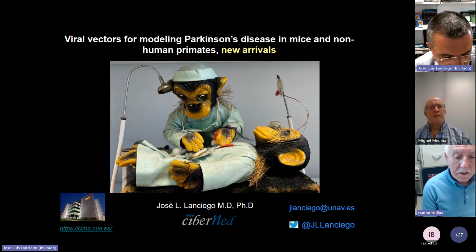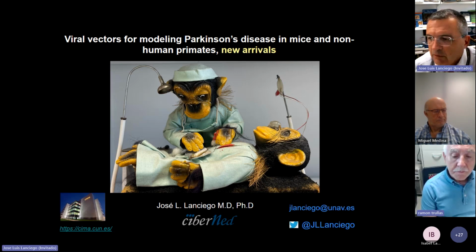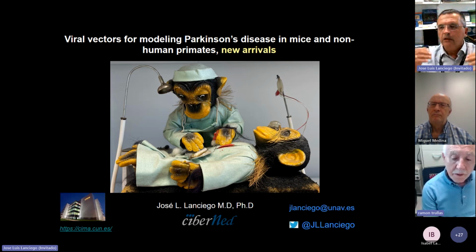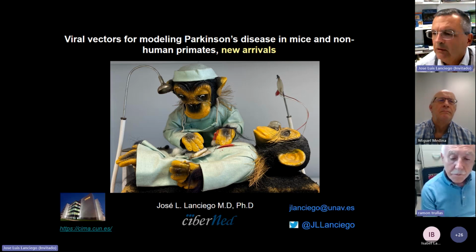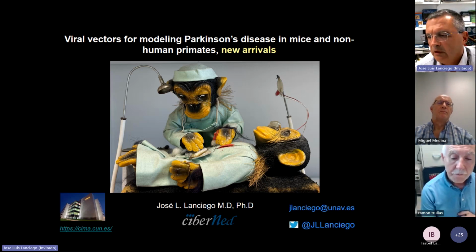It might be something else, Ramon. We don't know very well. In our data, it is clear that calbindin positive neurons are less pigmented.